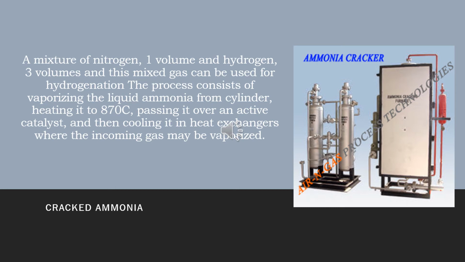The process consists of vaporizing the liquid ammonia from a cylinder, heating it to 870 degrees Celsius, passing it over an active catalyst, and then cooling it in heat exchangers, where the incoming gas may be vaporized. A single 68-kilogram cylinder of anhydrous ammonia will produce 190 cubic meters of cracked ammonia. This is equivalent to the content of about 33 hydrogen cylinders.